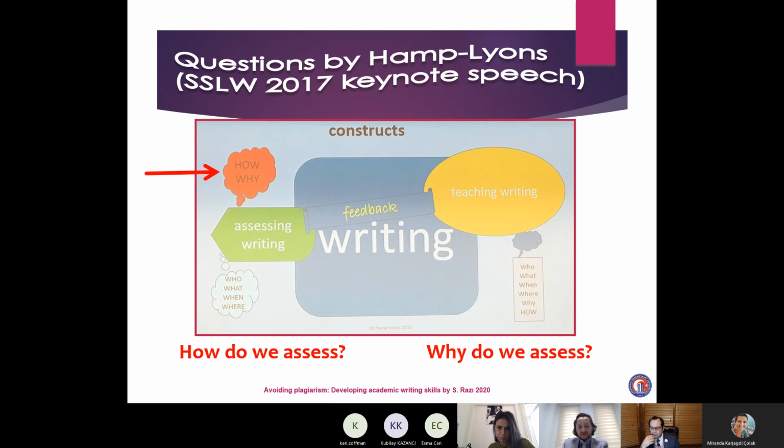So I ensured this, but I cannot guarantee that it could function as a good institutional rubric, because it is related to my teaching aims.